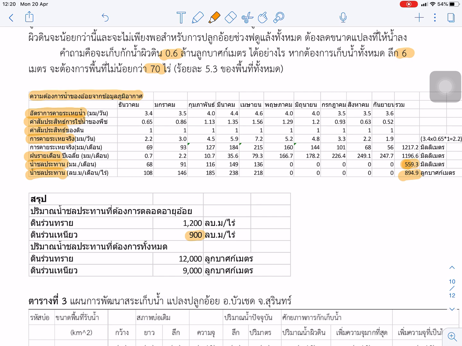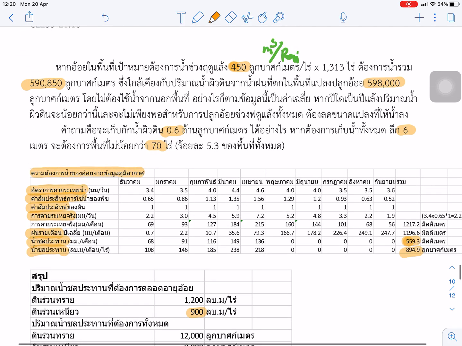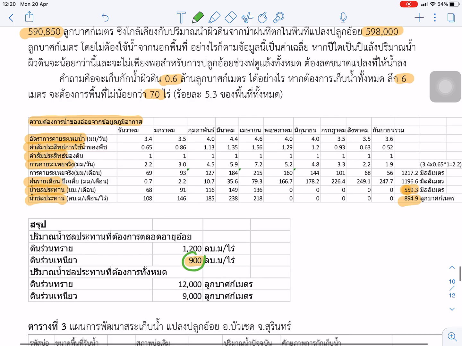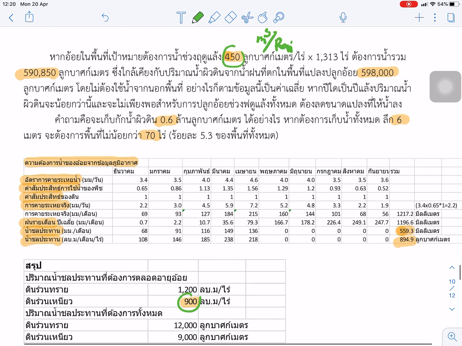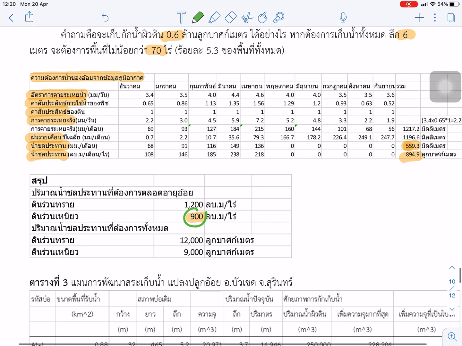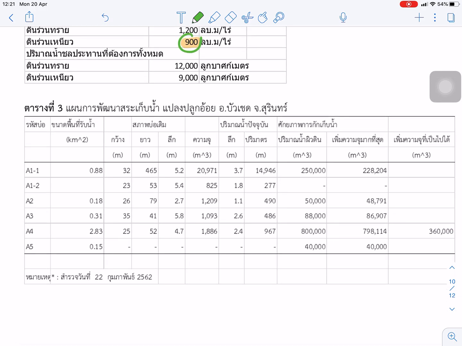Okay, there is a conflict between these two numbers, because maybe it depends on the climatic condition. But for safety, we can use 900 cubic meter per rai. And with this table we can estimate for each subcatchment. We can develop a pond for each subcatchment.